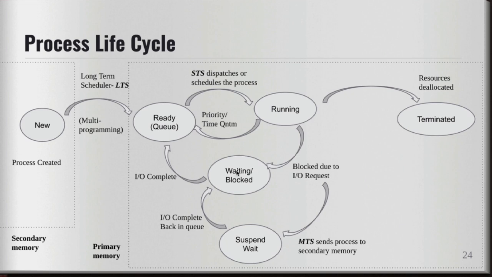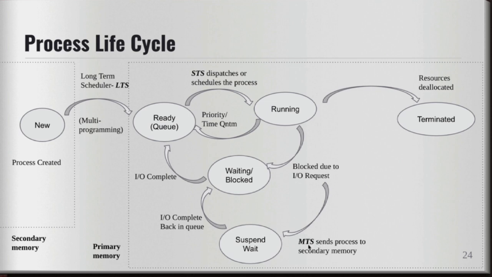If it's completely full, at that point it goes into the suspended mode. Okay, so it goes into suspended wait, and because we don't have enough memory, it is sent back to the secondary memory, and told that once your input output request is complete, you can come back to the waiting queue if space is available. Otherwise, you can stay in the secondary memory. We don't have the space available for you.